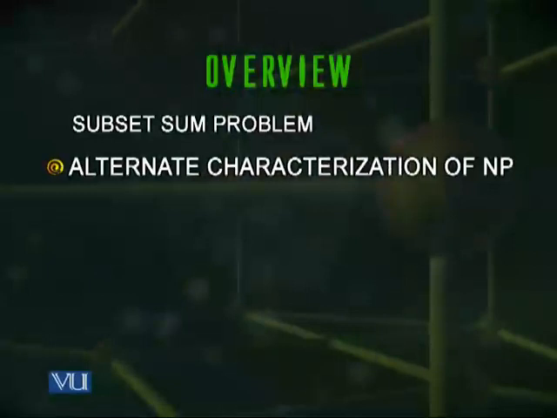Lastly, we started looking at the subset sum problem. We were going to come up with a verification algorithm, which is also going to be very easy. We'll start our lecture with that. After that, we would study an alternate characterization of the class NP. Then we would look at the P versus NP question.